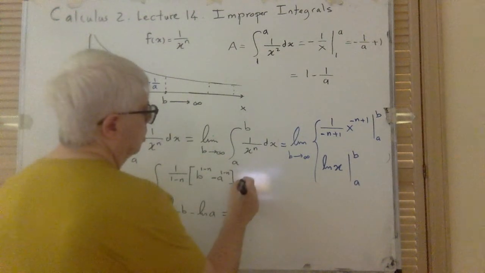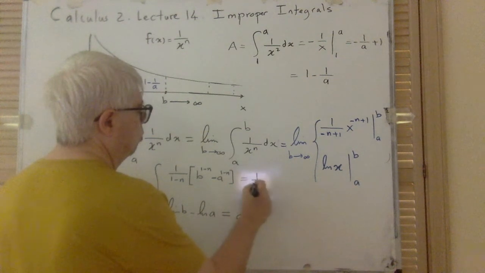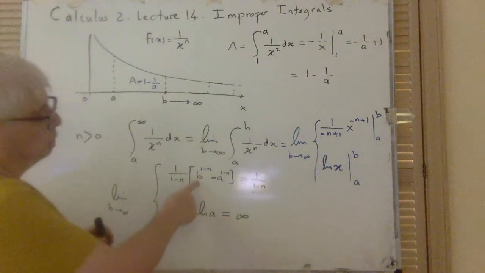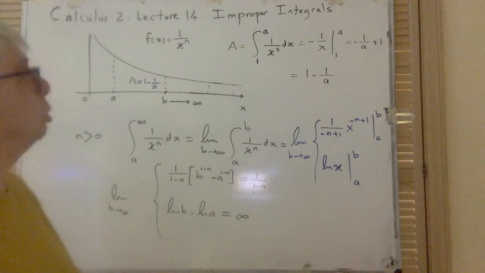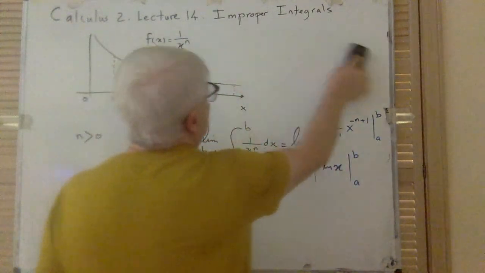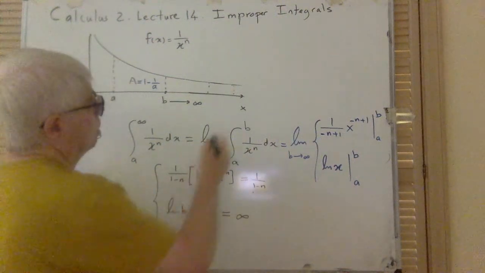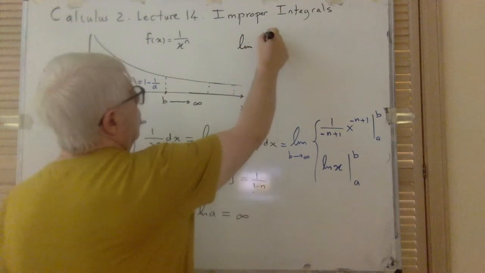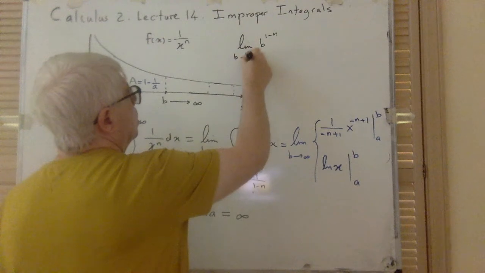Let's look at this one. What is 1 minus n? I have this expression, b to the power 1 minus n, as b goes to infinity. Let's look at this more carefully. So I have to look at the limit of b to the power 1 minus n as b goes to infinity.